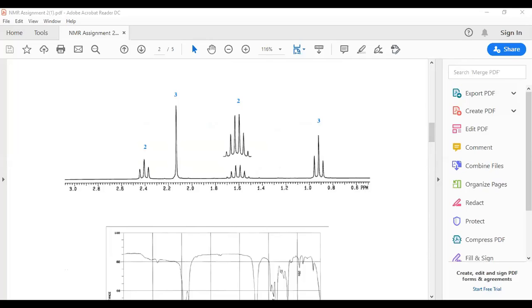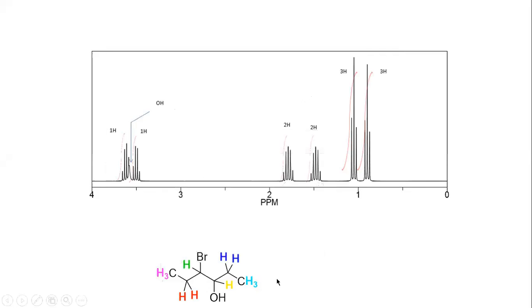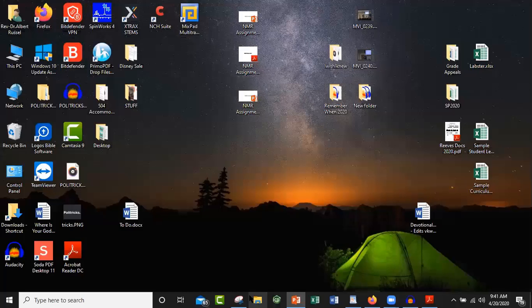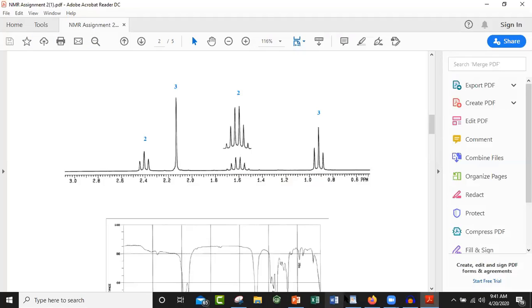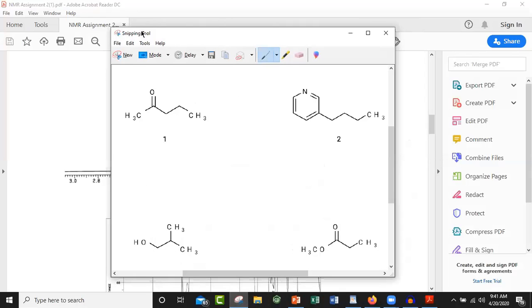Uh-oh. Shucks. All right, can you see the small window? Right here, where if I pop this up, it says snipping. Okay, that's going to be our reference, because I don't want to keep having to scroll back to the first page.